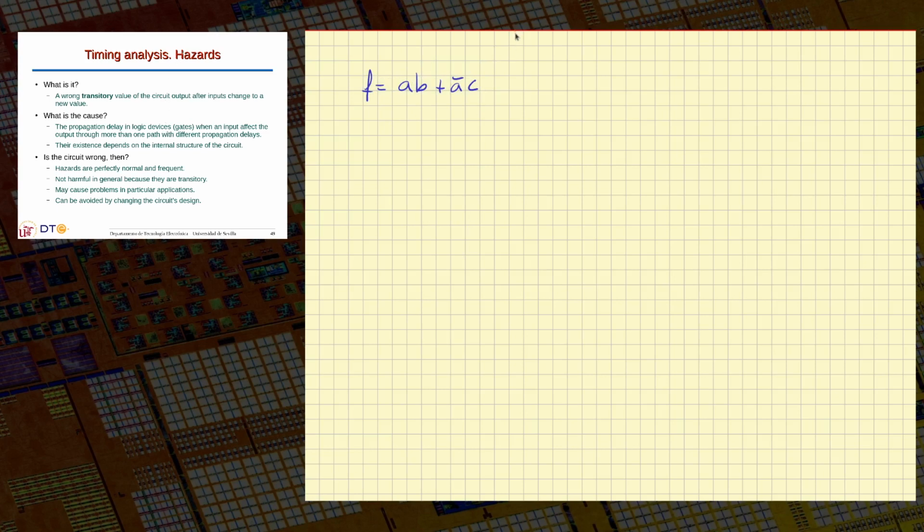Let's take a look at the Karnaugh map. This is a 3 variables Karnaugh map, which is something like this. Here we have A, B, C. This is F.